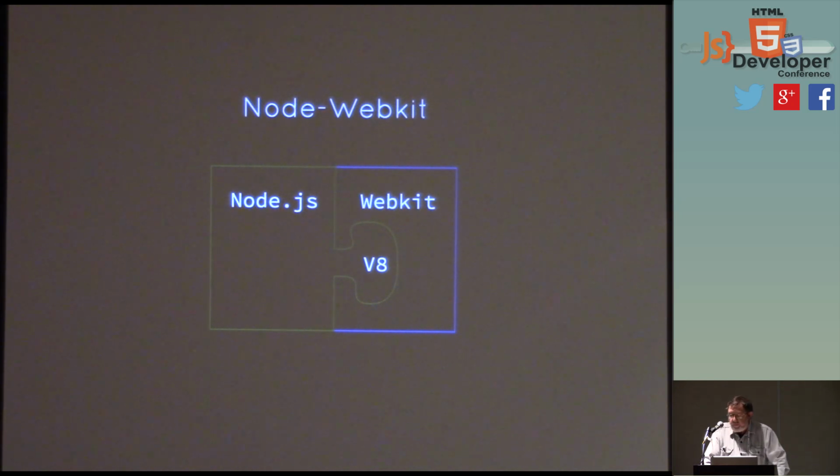So the way it works is that when you're running Node-Webkit, you're running a single V8 engine. You've got one thread, one event loop that's shared by both the Node.js code and the WebKit code. So it's all mixed together there, which is really convenient.